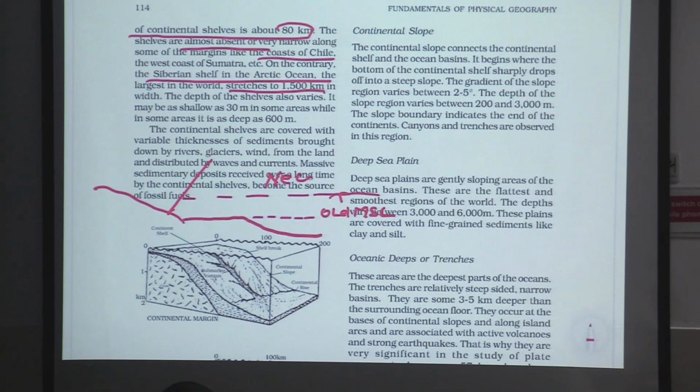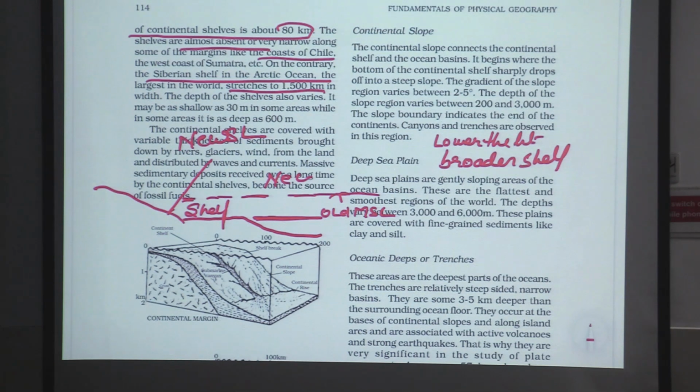So when I talk about width of the continental shelf, what I say, lower the height, broader will be the shelf. If the height here would have been taller, now this is my new shoreline, this is the rise in the mean sea level, this was the older mean sea level, so what will this become, shelf.